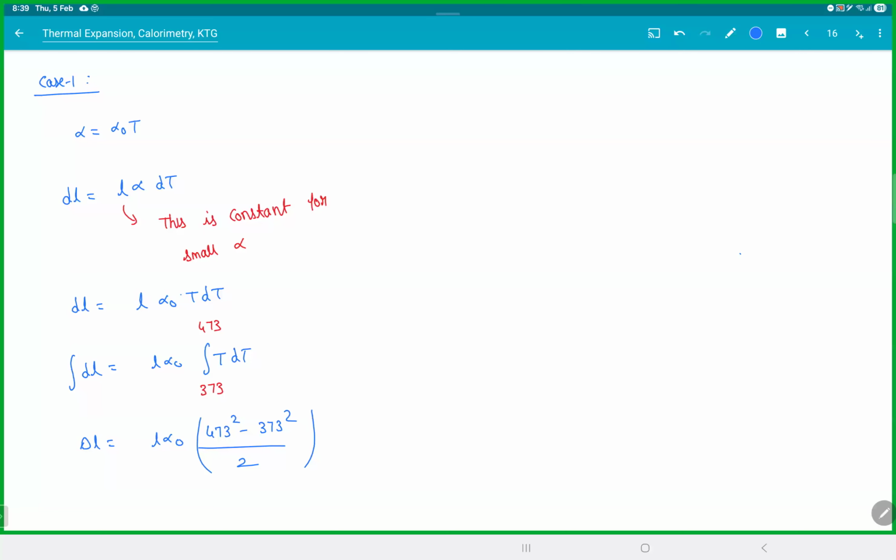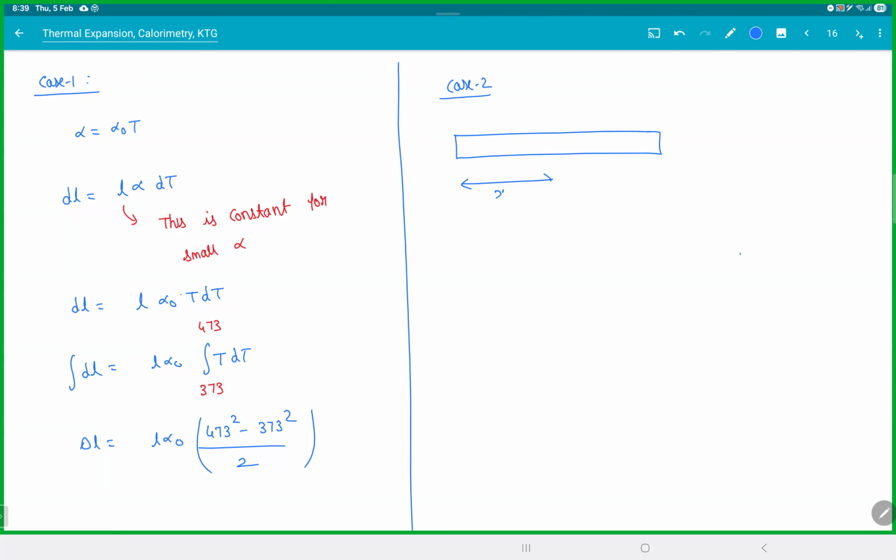So in the formula PV is equal to nRT, T must be in Kelvin. So for case 2, now alpha is changing everywhere. So what we do, at a distance x, we take a very thin piece. So this thin piece dx, in this dx we have a small elongation de.